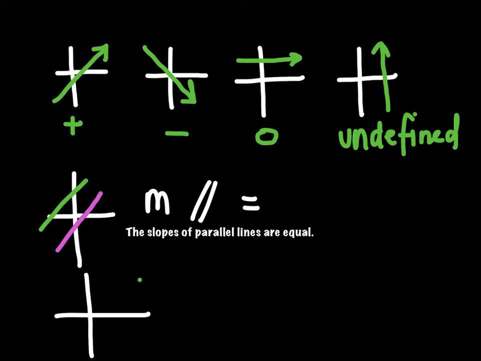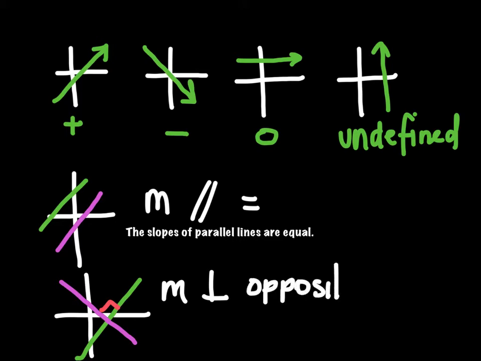Let's look at perpendicular lines. The slopes of perpendicular lines are opposite reciprocals.